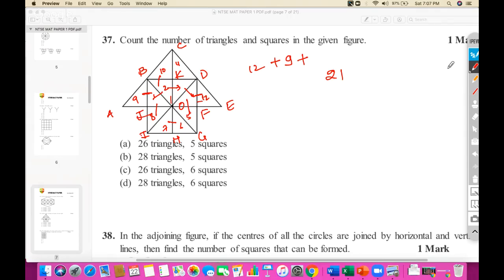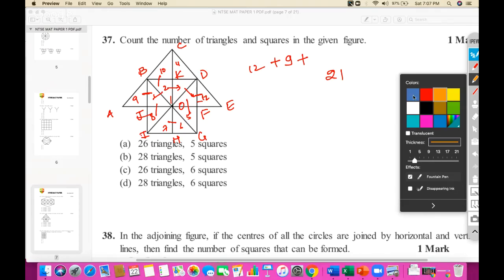Let me make it with different colors so that you can understand. One part is here, second part is here 2, and if I take this particular diagonal, one above it and one below it, so 2. So 2 plus 2, and if I take this particular diagonal, one above it and one below it, so 2. So 6 out here. And I have not taken this whole triangle, so this is 1. So anyway I'm getting 28 till now.